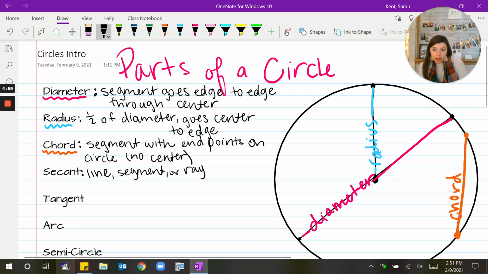A line, segment, or ray that intersects the circle at 2 points.